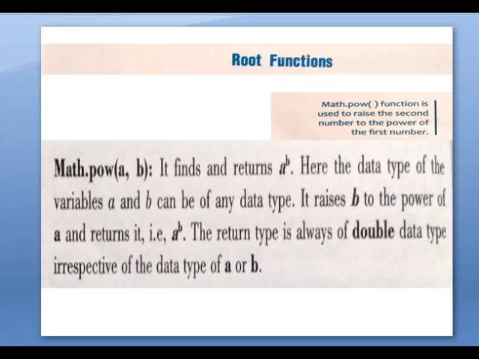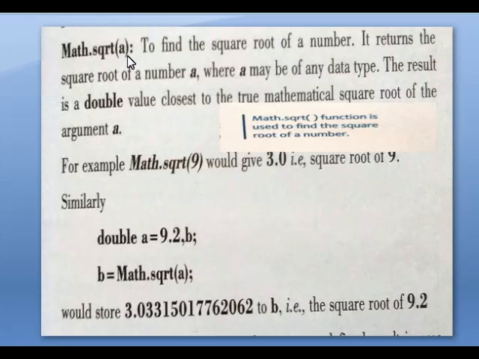Next is the root function, Math.sqrt of a. Sqrt means to find the square root of any number. We have to use this function Math.sqrt. If you are going to find the square root of 4, it is Math.sqrt of 4.